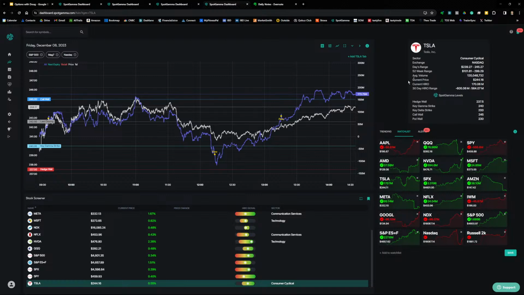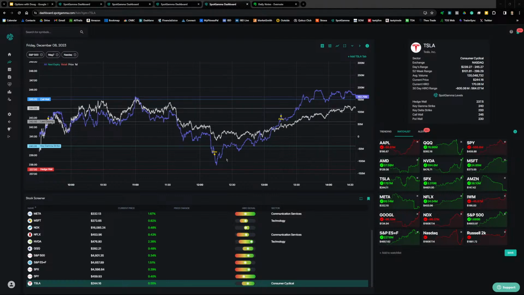So net for the day, traders are taking positive delta positions. And the afternoon reversal started at 12:15, just like everything else. And note for Tesla, 245 is the call wall.